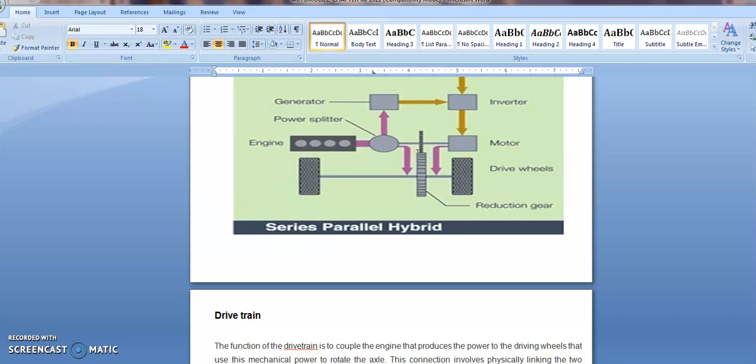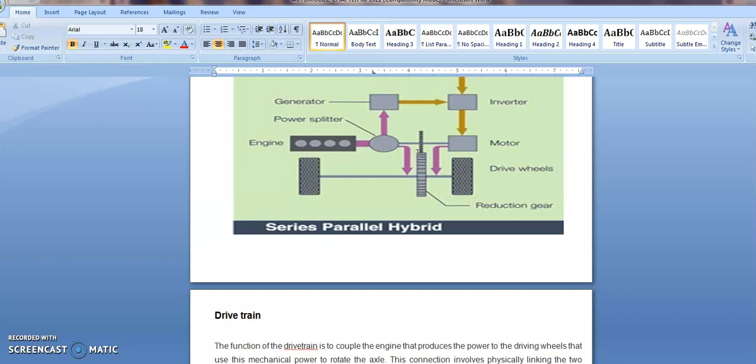The disadvantage of using a chain or a belt is that there is a chance of transmission loss, and it also results in higher maintenance requirements.